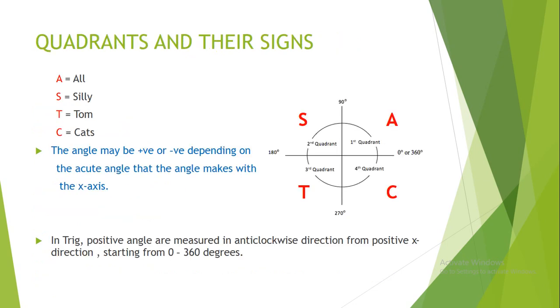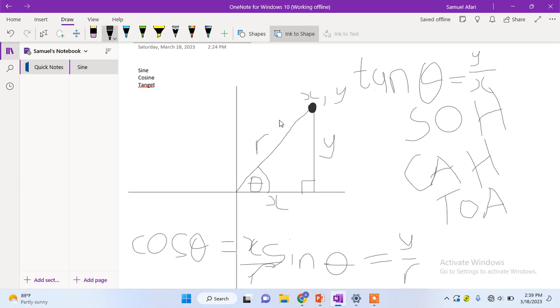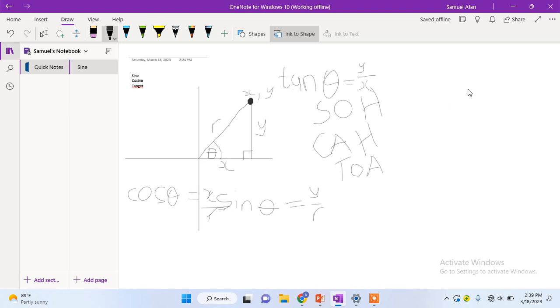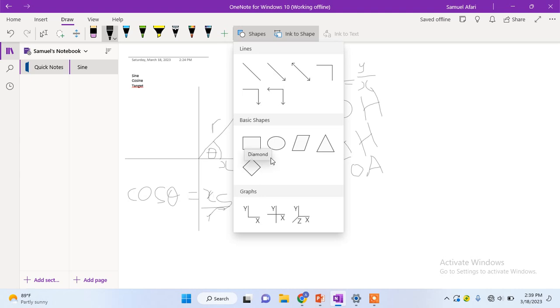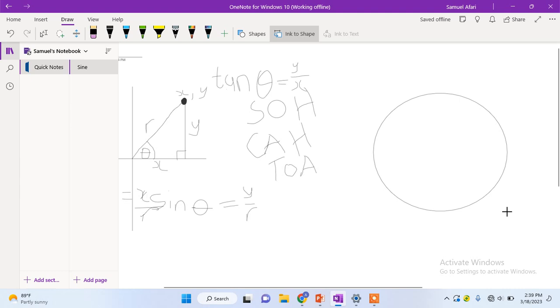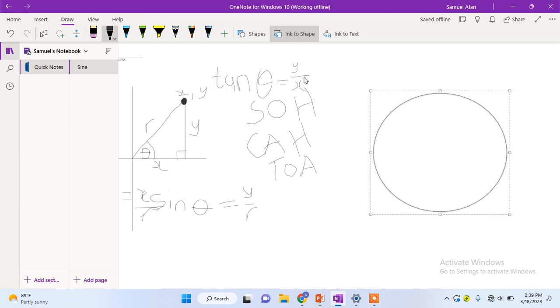Now let's look at quadrants and their signs. A quadrant is basically a circle that has been divided into four parts. So let's say we have a circle. We know that the total angle in this circle is what? 360.